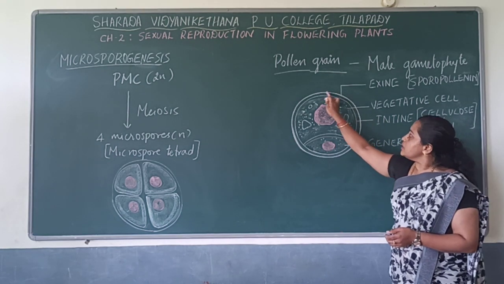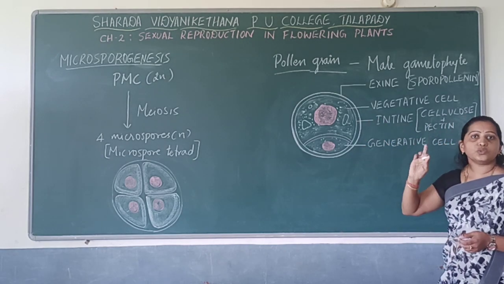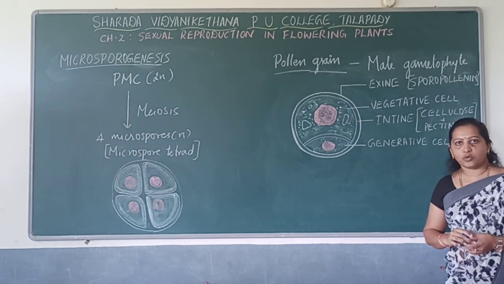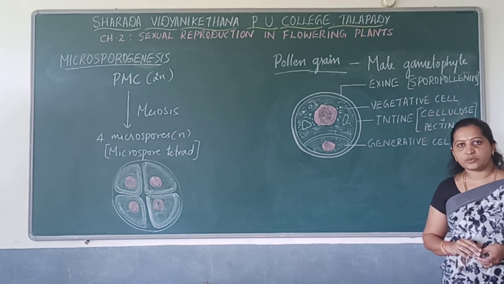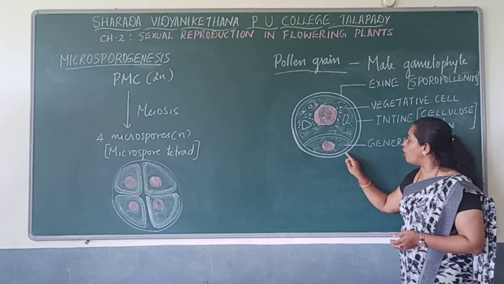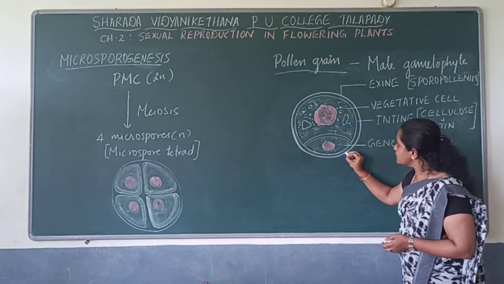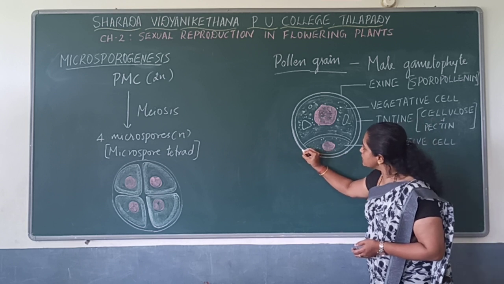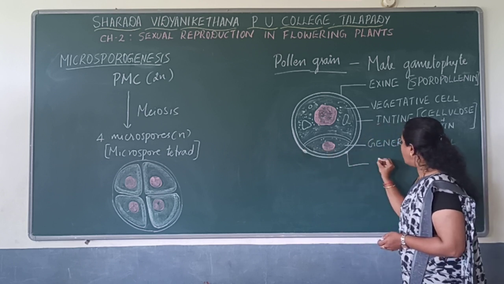In certain regions in the outer wall layer, that is the exine layer, there is no deposition of sporopollenin. Such regions where there is no deposition of sporopollenin form germ pores.